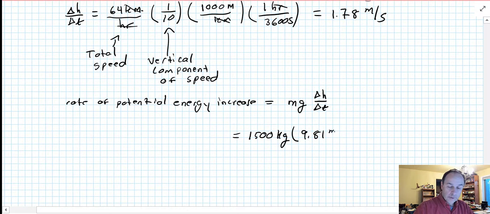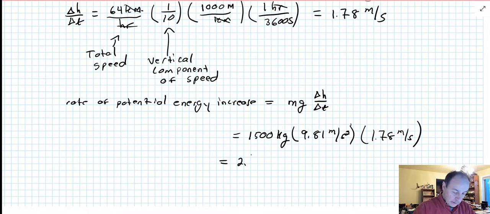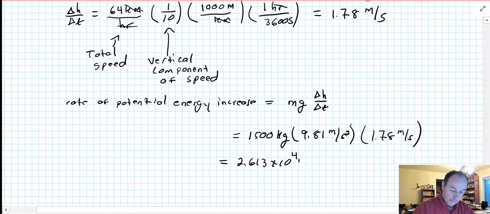Yes, all the units agree. Multiply this out and I get 2.613 times 10 to the fourth watts.